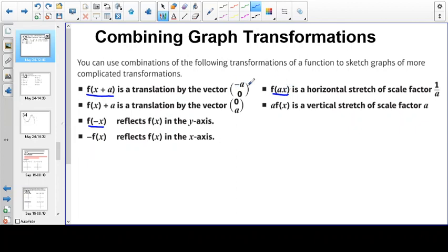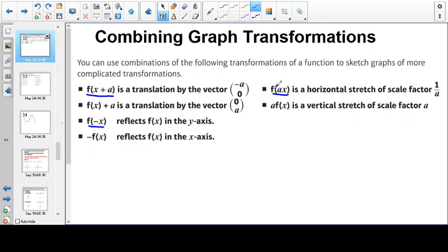And generally, it does the opposite of what you think it's going to do because it's in the brackets. So if it's got x plus a, then it's going to move left a. So if it says x plus 2, it would move left 2. If it said x minus 2, it would move right 2.